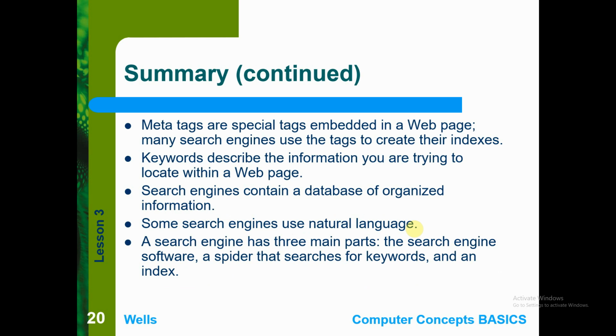They use these tags to create their indexes. Keywords describe the information you are trying to locate within a web page, and the search engines contain a database of organized information. They also use natural language.